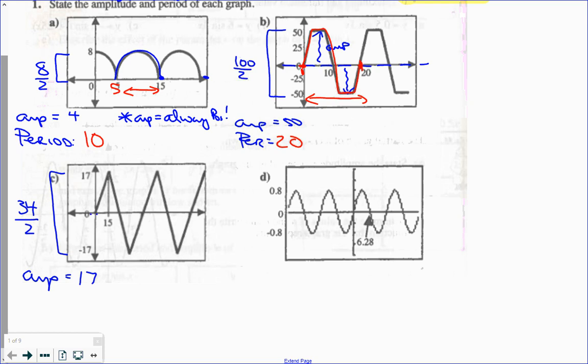Or if you see it as the halfway line is 0, the distance from the halfway line up or the distance from the halfway line down, that's also 17. Does it matter which way you go about defining it? No, it's up to you. Some kids really like to use total height or total distance. Some kids like to use the halfway line idea. Doesn't matter.